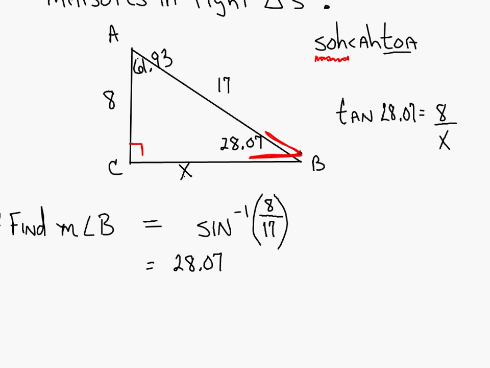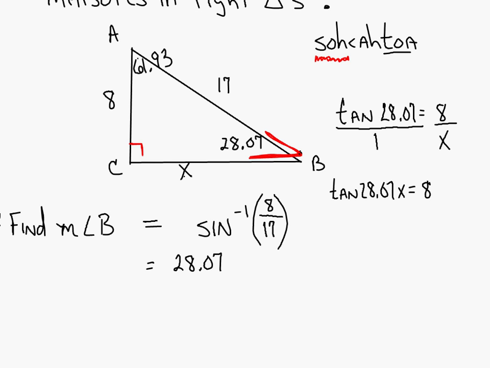Now, I can't remember if I told you guys yesterday or if it was the class after you guys. If you just take this tan 28.07 and you put it over 1, you've got a proportion now, don't you? Everybody remembers how to solve a proportion? You crisscross multiply. So if you multiply tan 28.07 times x, you get tan 28.07x, don't you? And 1 times 8 is 8.